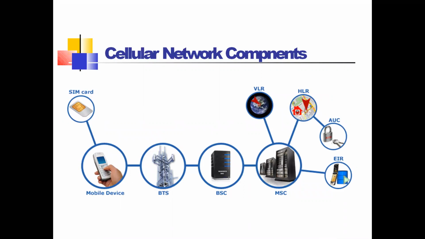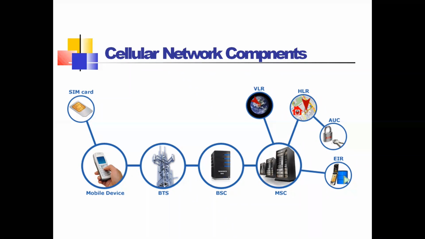Our SIM card is initially connected to the base station, and these base stations are controlled by the BSC, the base station controller. And all these base station controllers are maintained by the mobile switching center.